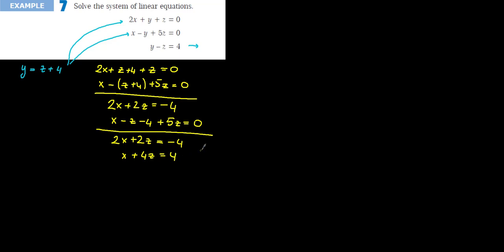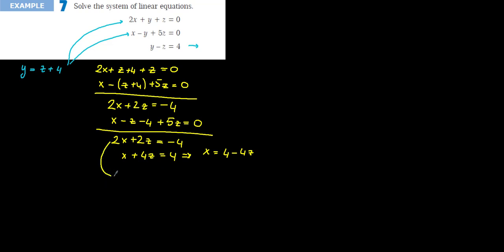Here I can use the elimination method, or again you can use the substitution method. Let's continue with substitution only, not the elimination method, which implies that x is equal to 4 minus 4z.